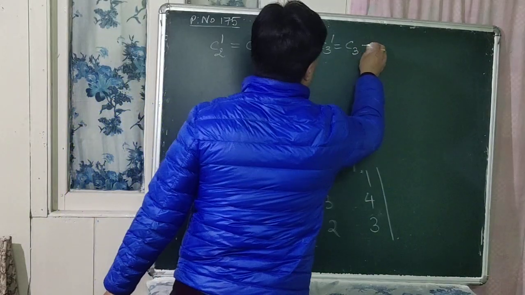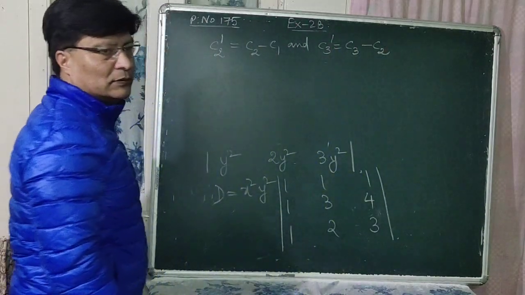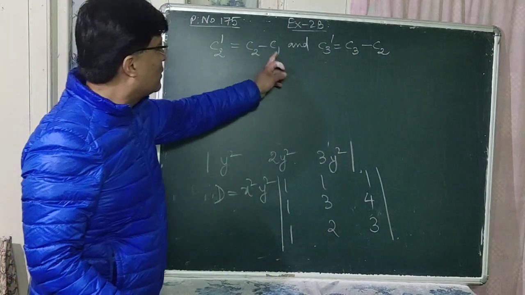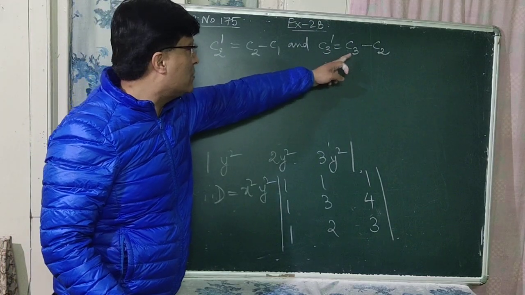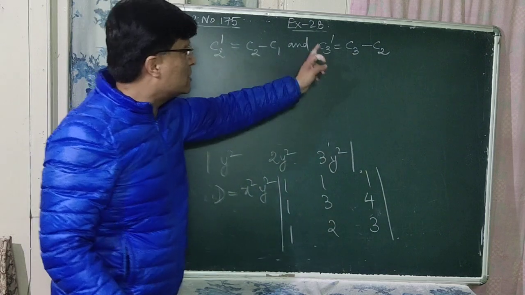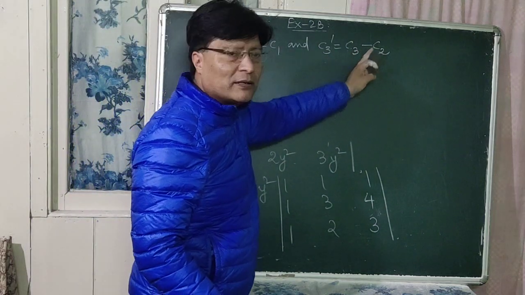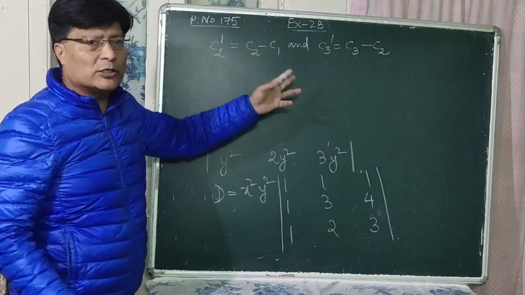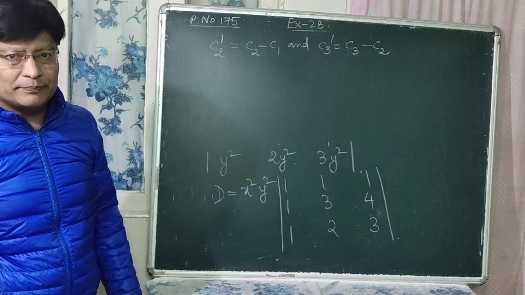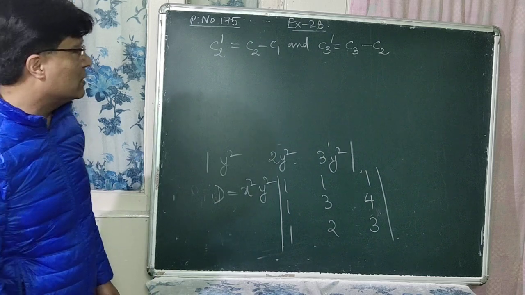Let us write C3 minus C2. Both of them should not be repeated out here. I already told you that one, isn't it?